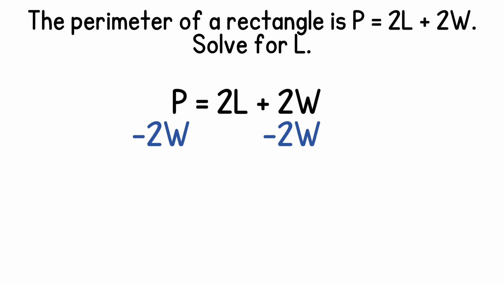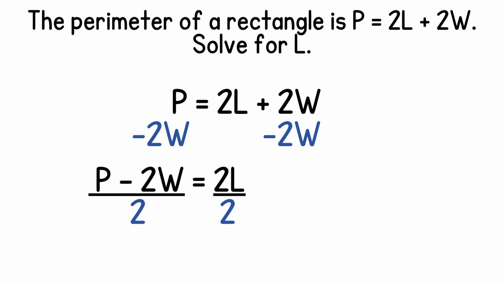We'll start by subtracting the W term, so we'll subtract 2W from both sides. This gives us P minus 2W equals 2L. Now we'll divide both sides by 2, which gives us P divided by 2 minus W equals L. So we can find the length by taking half of our perimeter and then subtracting the width.